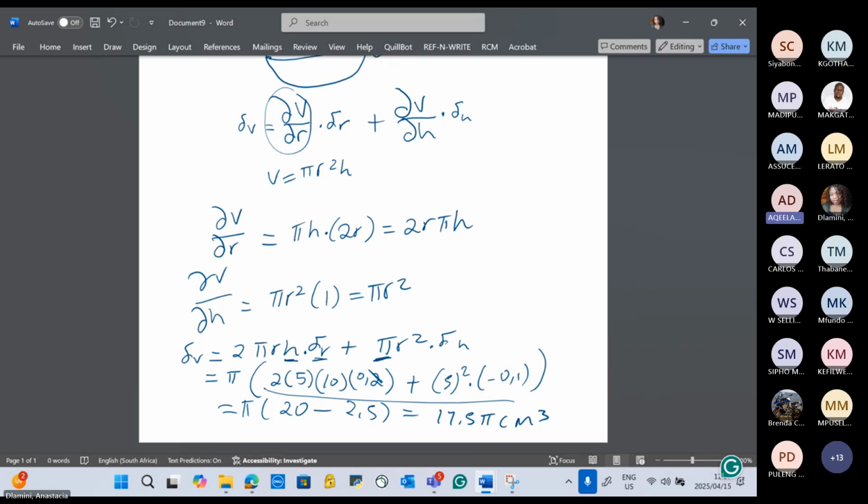Yes, because everything was given to us in centimeters. No, your r squared is centimeters squared and your h is centimeters, so you would be dealing with centimeters cubed in volume.